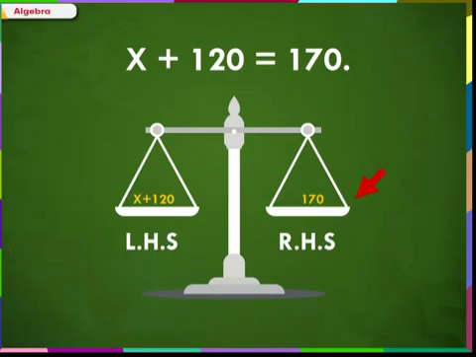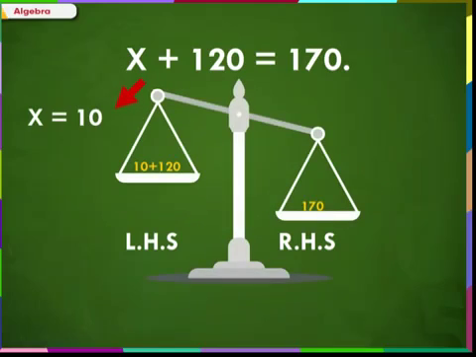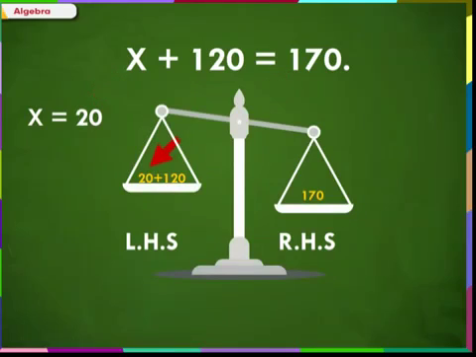Now, if we consider the value of x to be 10, then this value, as we can see here, does not satisfy the equation to be in balance. Let us put the value 20 in place of x. We still see that the equation is not balanced.